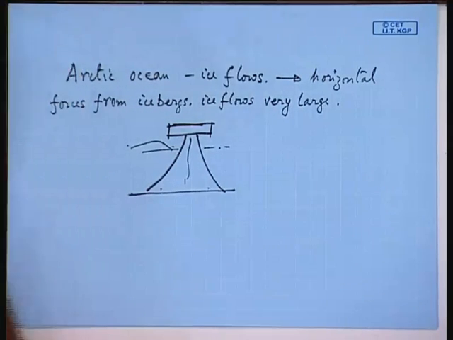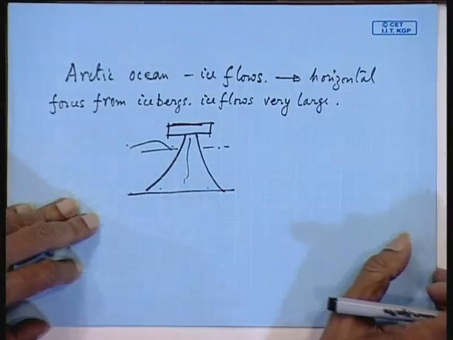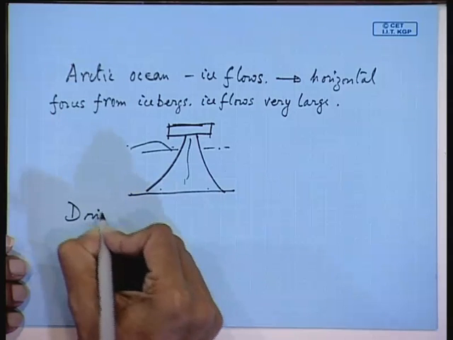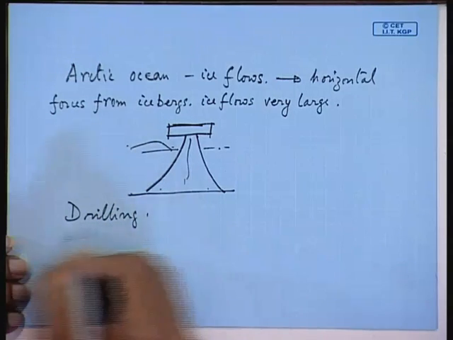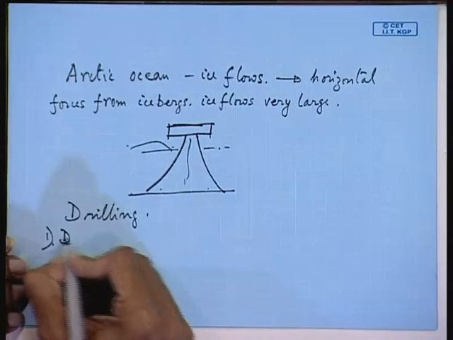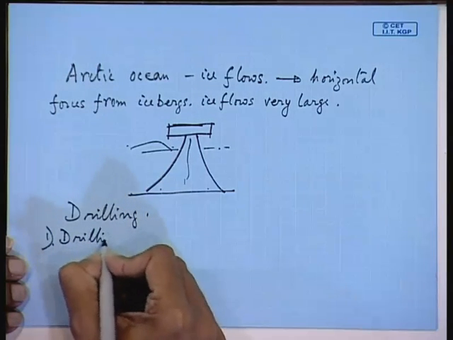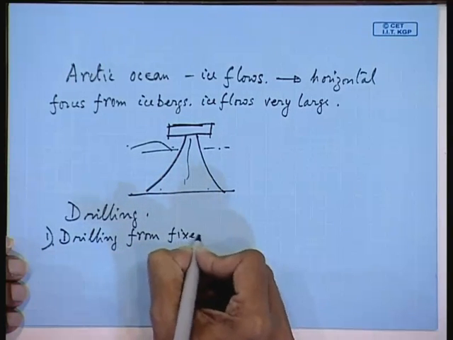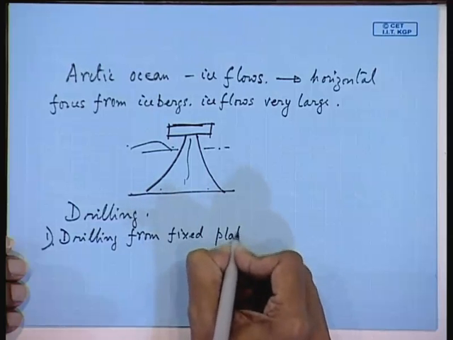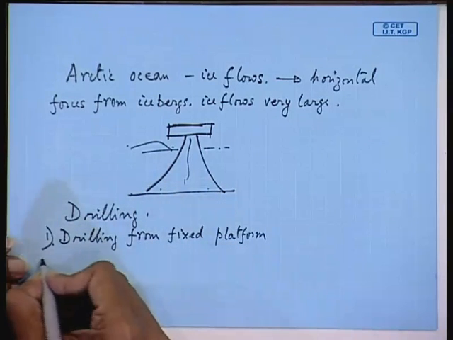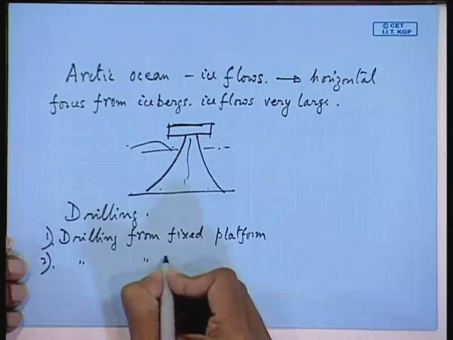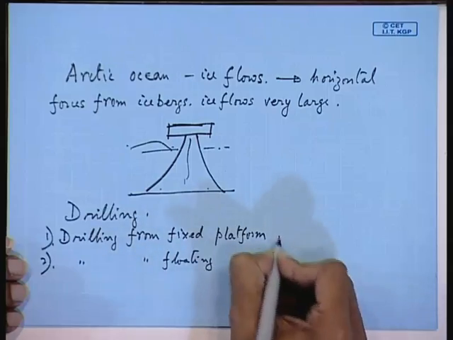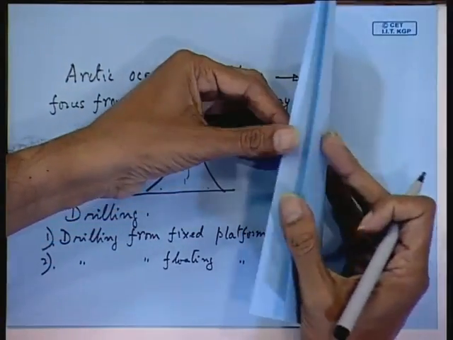Now, next, before we discuss drilling, drilling has 2 types. Number 1 is drilling from fixed platform. The other one is drilling from floating platform. So, what are your engineering decisions for building your structures?